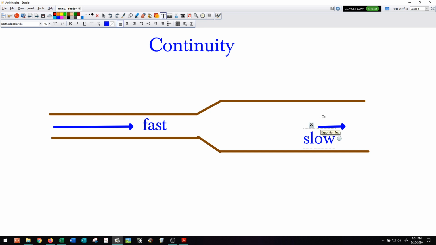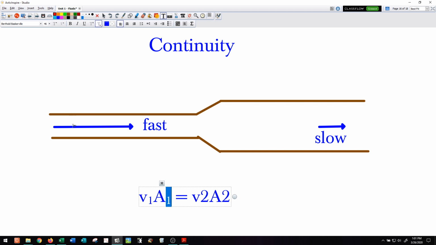But if that river necks down and gets into a much smaller width, the speed will actually increase. So it works both ways. You can go from fast to slow or slow to fast. The mathematical relationship was pretty simple. It was V1 A1 is equal to V2 A2, where V1 would be the velocity at the beginning side and A1 would be the area of the beginning side.